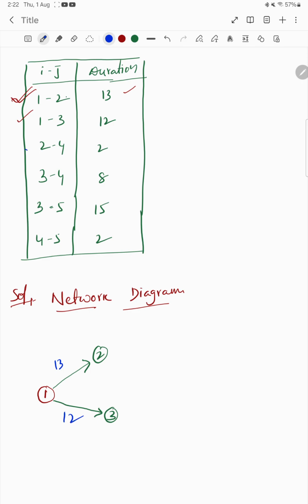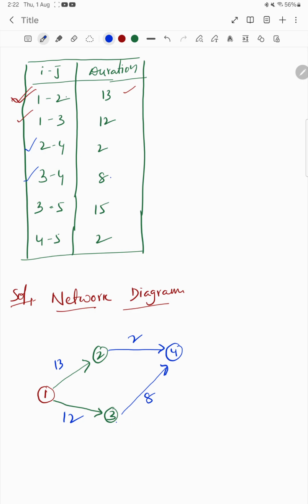Next is 2 to 4, and the available time is 2. Next is 3 to 4; let's connect 3 to 4 with an arrow, and the available duration is 8.